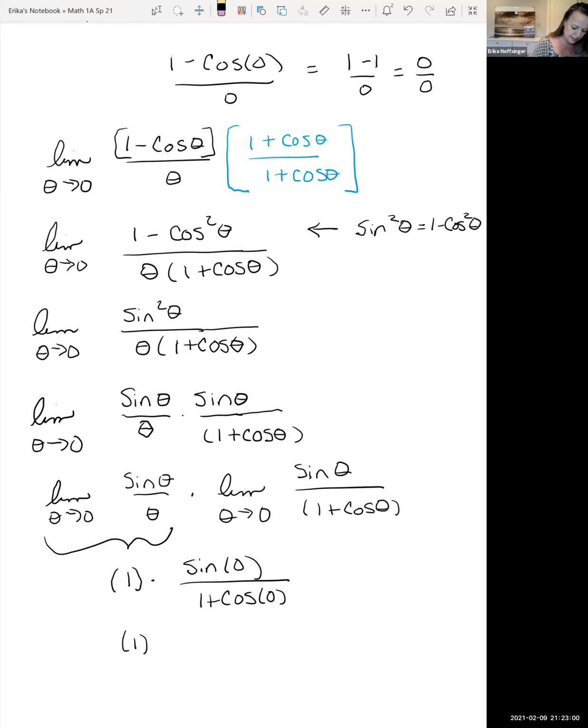So I have 1 times, well, sine of 0 is 0 all over 1 plus cosine of 0 is 1. So this is 1 plus 1. If I had gotten 0 over 0 again, I would have a problem, but I didn't. I got 1 times 0 over 2. So this is 1 times 0, which is 0.